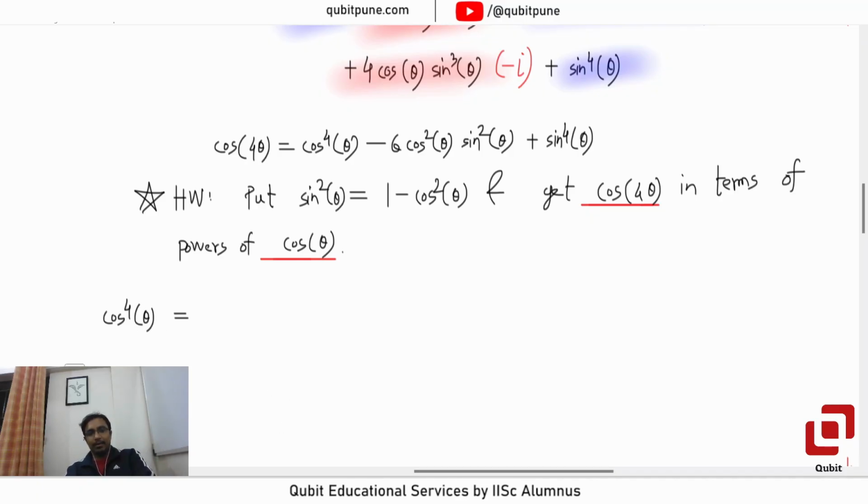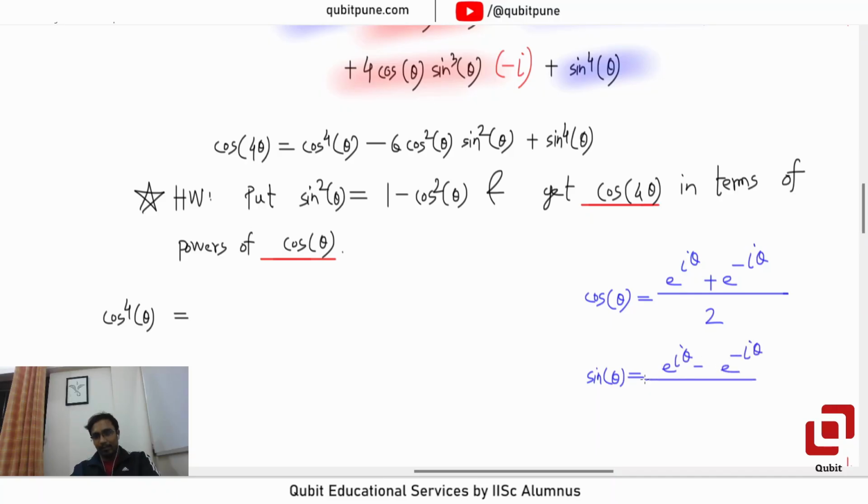Yes, we can use these formulae which we have seen long ago. Remember?